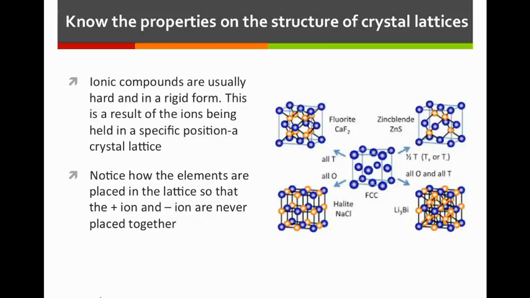What you should notice about these crystal lattices is no matter where the minus charge is, there is never a plus charge immediately next to it. So the positive and the negatively charged ions remain close to their respective original elemental form.